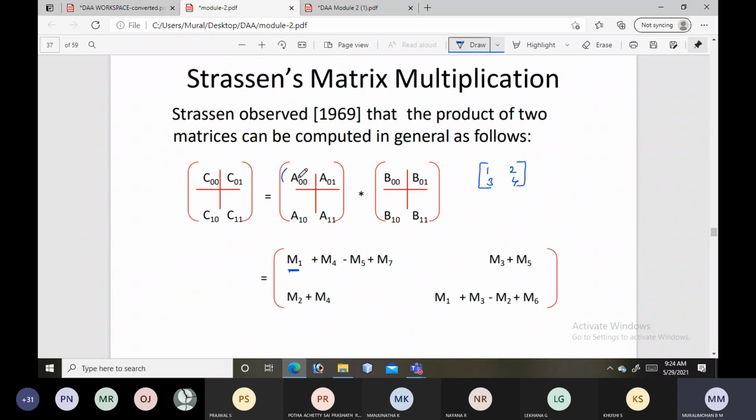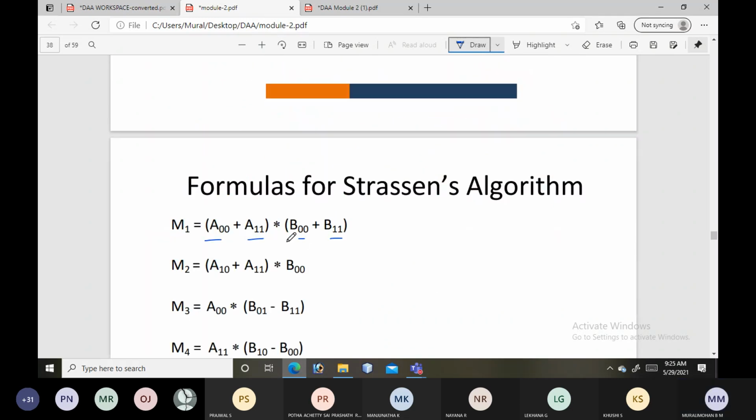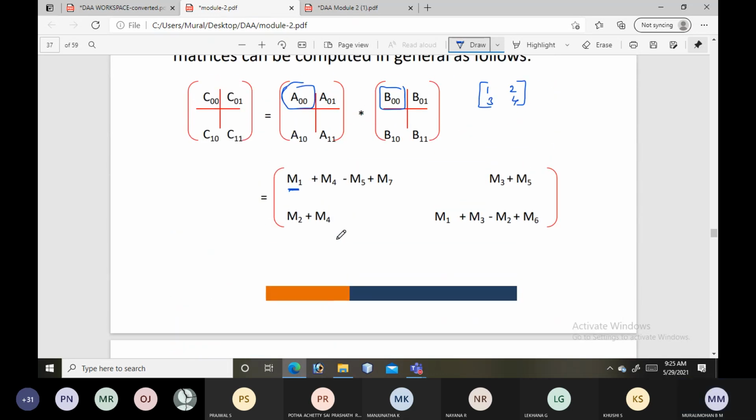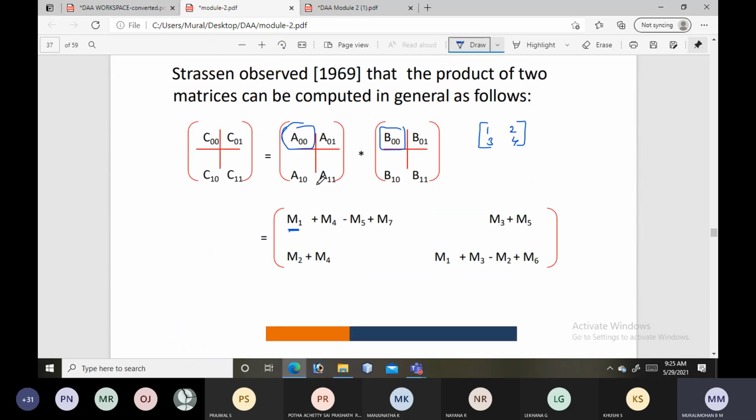If I take this as A11, this matrix I am adding with B11, and again B00 with B11. So we are adding A00 with A11 and B00 with B11. Next, we are multiplying these two. So hence we are getting this M1.